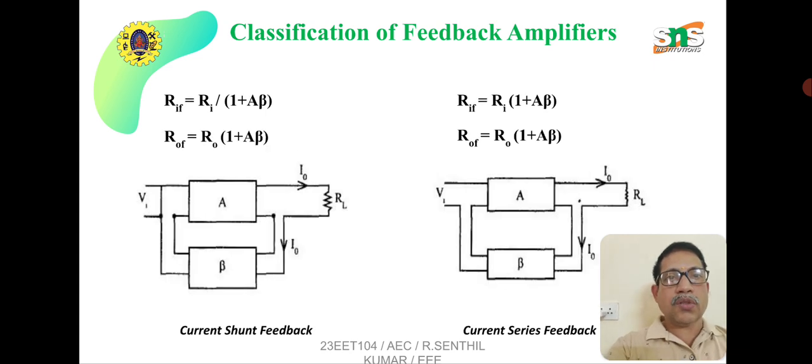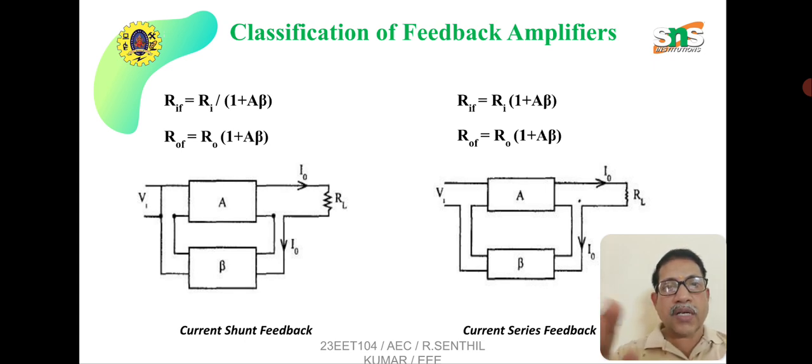Now let us see the next two. The current shunt: as per the name, the first word, current, is connected to the output, and the second word, shunt, is connected to the input in parallel. Since the current is in the output part, which is series, R0F equals R0 into 1 plus A beta.